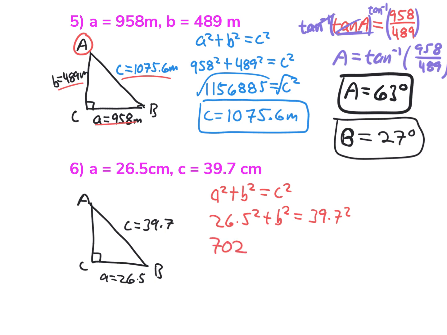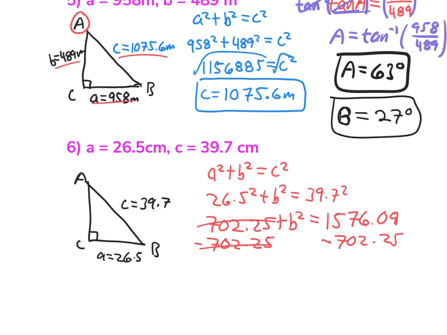We should get 702.25 plus B squared, and this is 39.7 squared, which is 1,576.09. And then we want to get the B squared by itself, so let's subtract 702.25.